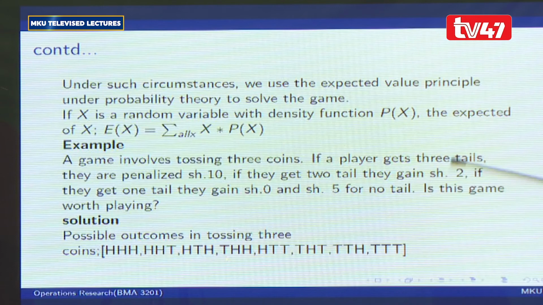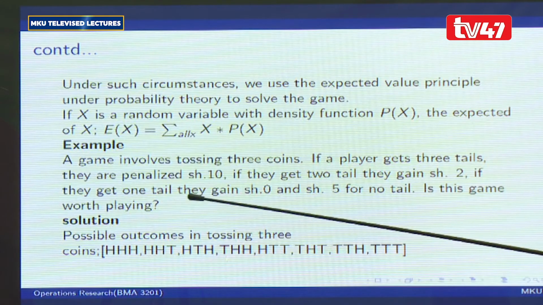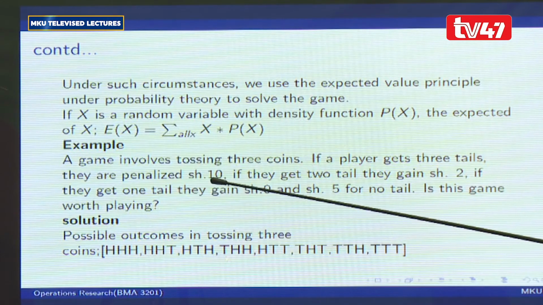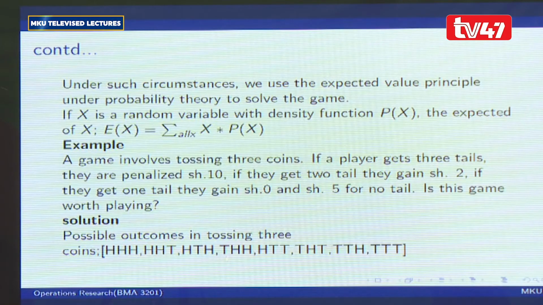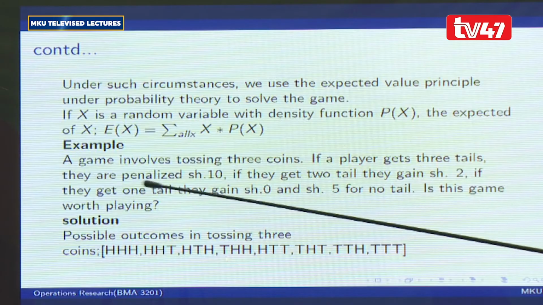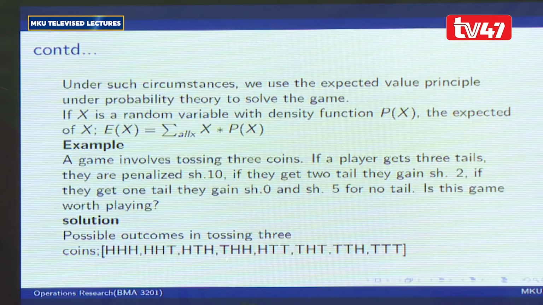So if a player gets 3 tails, they are penalized 10. So a penalty of 10 will be considered as negative 10. If they get 2 tails, they gain 2 shillings. If they get 1 tail, they gain 0 shillings, and 5 shillings if they have no tail.